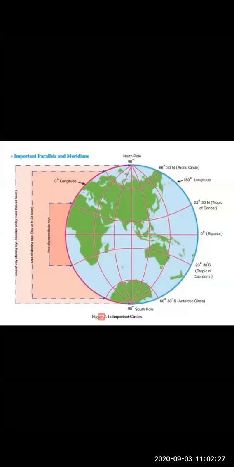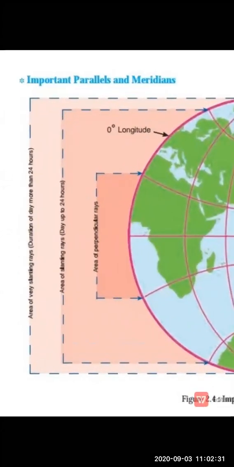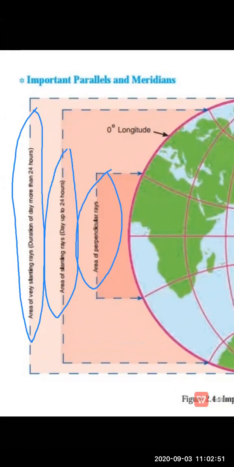See children, here you can see that. I'll zoom for you. Here you can see the area of perpendicular rays, area of slanting rays, and area of very slanting rays. These are the regions where the sun rays are falling perpendicularly and the sun rays are falling in a slanting direction.